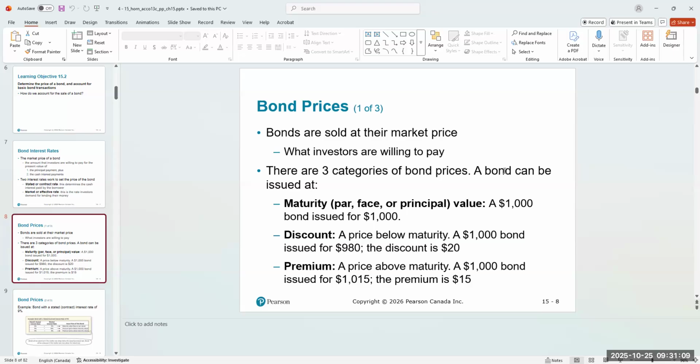Second option, you're going to pay him $1,000 after 5 years, but today he's going to give you only $980, or you issue the bond with the discount. Third option is you pay after 5 years $1,000, but today he's going to give you $1,015. That means he's going to give you a $15 premium.